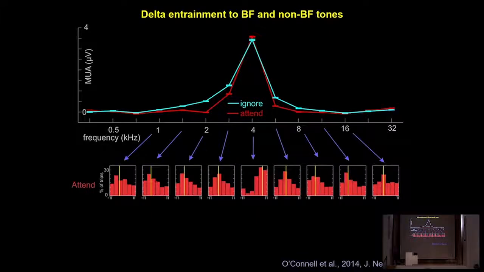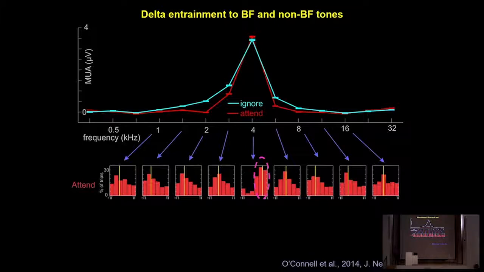And next, we looked at whether this could be due to oppositely entrained delta oscillations. The histograms here show delta oscillatory phases at the timing of attended auditory tones for different frequencies.